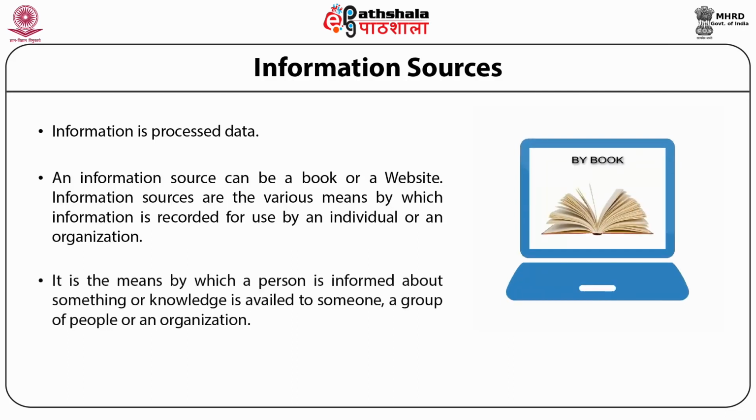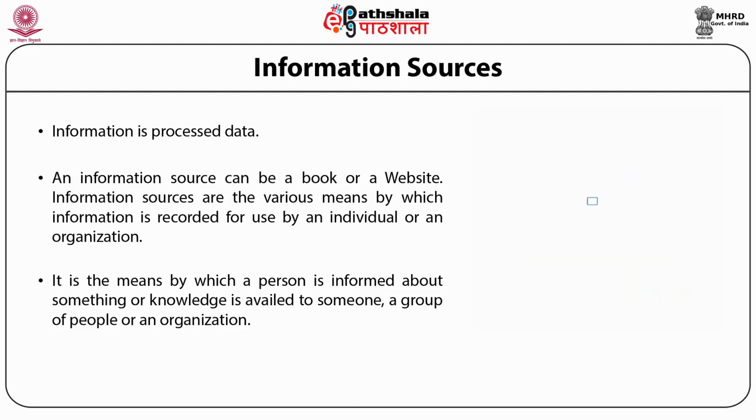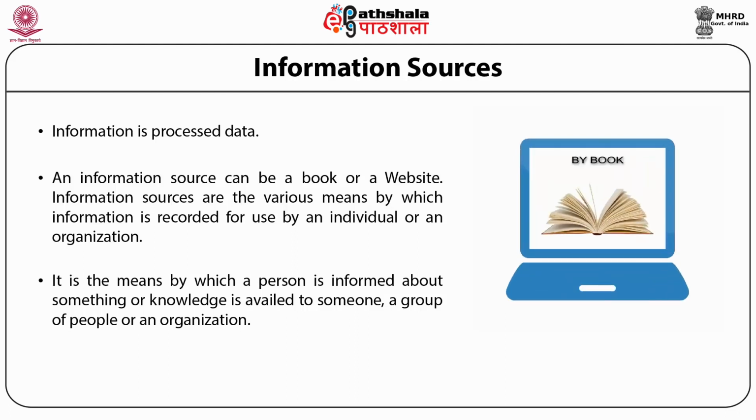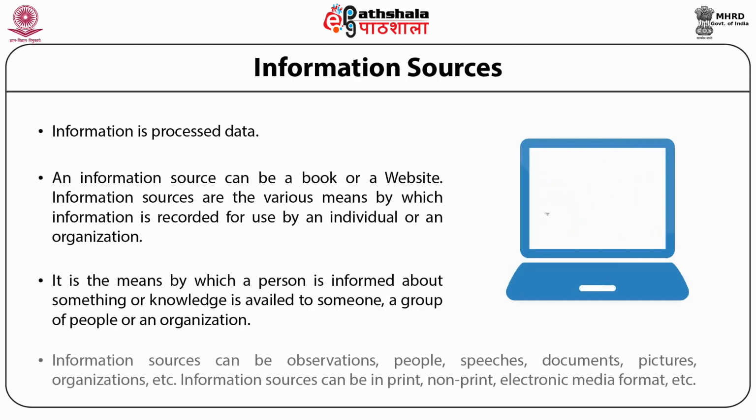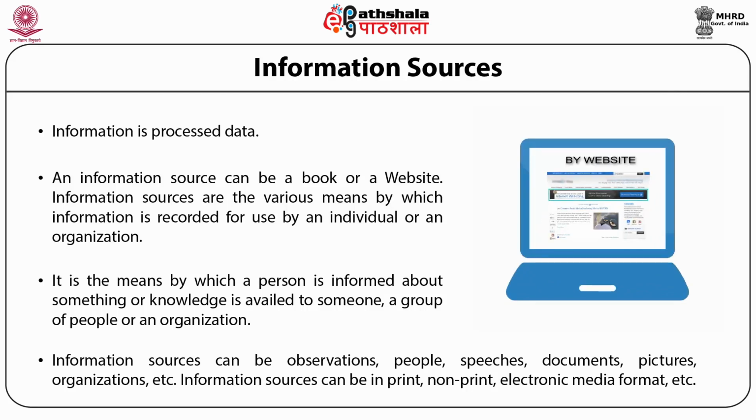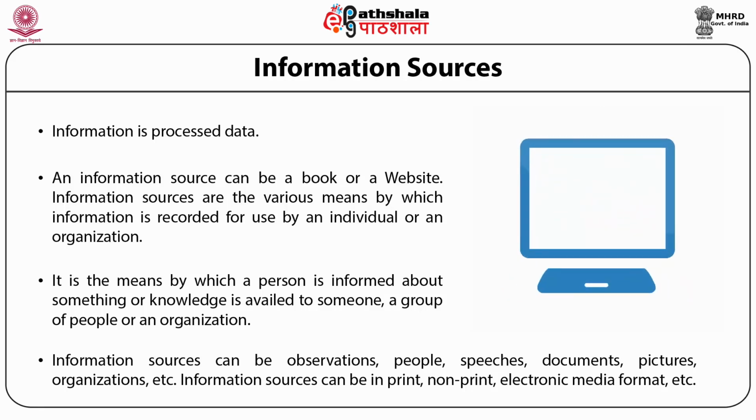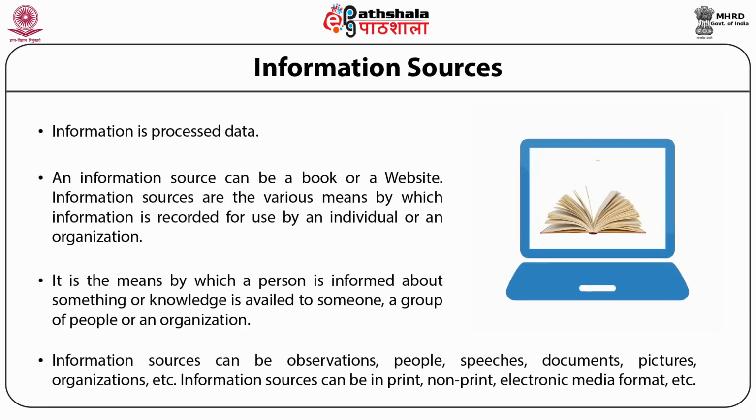It is the means by which a person is informed about something or knowledge is availed for someone, a group of people or an organization. Information sources can be observations, people, speeches, documents, pictures, organizations, etc. Information sources can be in print form, non-print form, or electronic media format, etc.